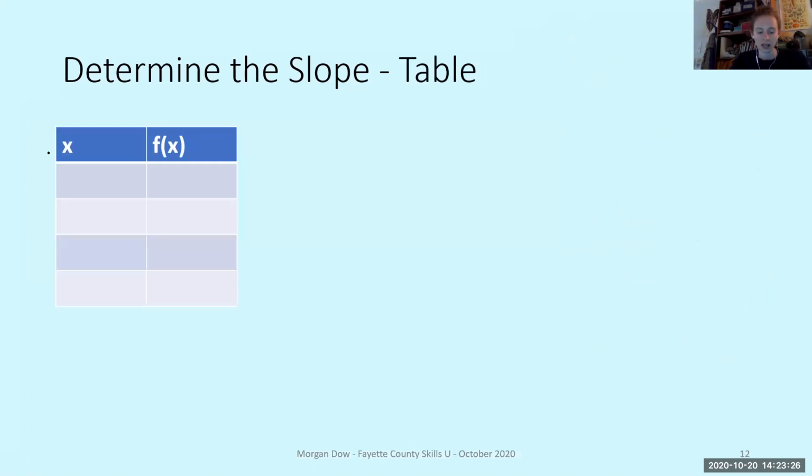Okay, so now let's say we are looking at a table. If you're looking at a table, how could you figure out slope? Well, we already saw how to do this, but let's do it again with some different numbers here. So let's start with -2, -1. And then we're gonna jump a little bit. We're gonna go to 1 and 2.